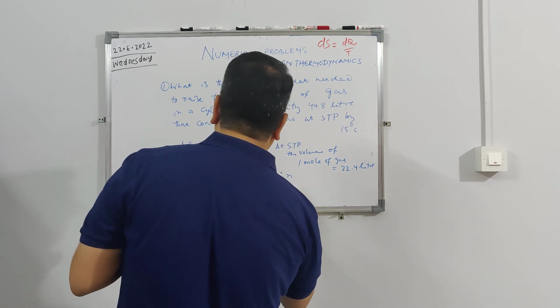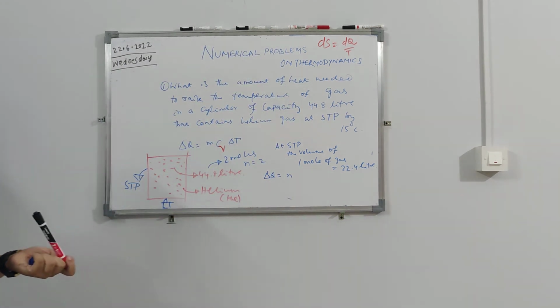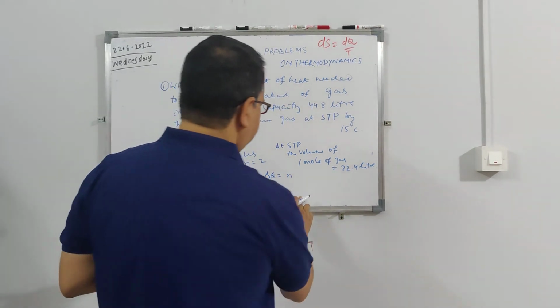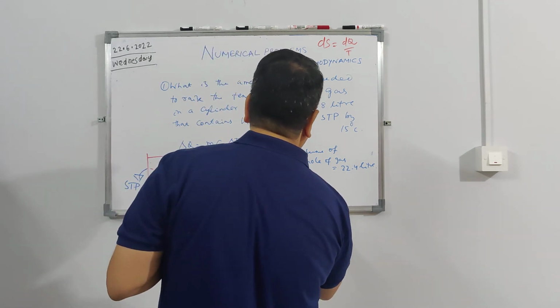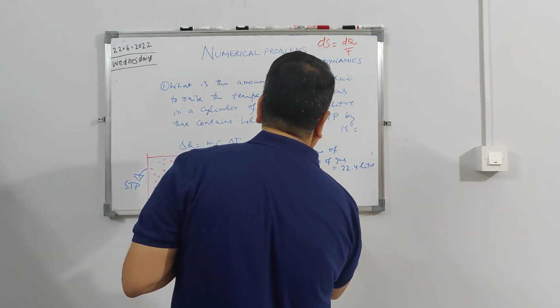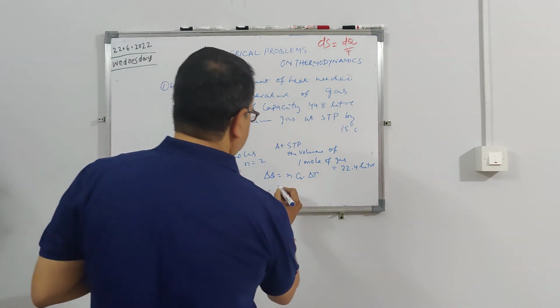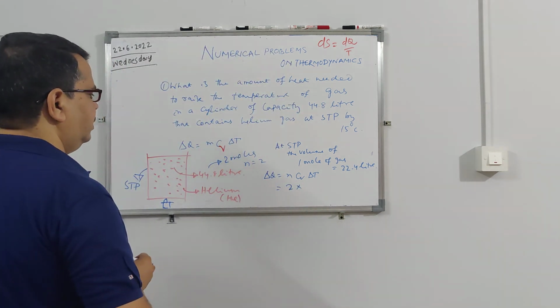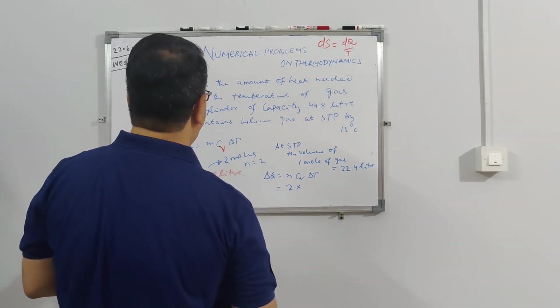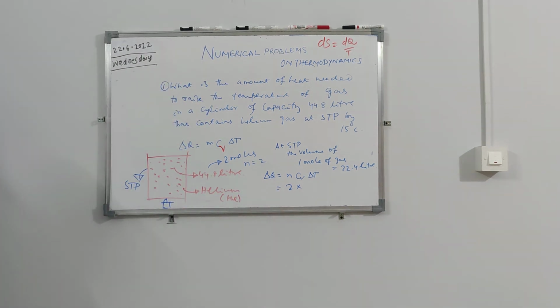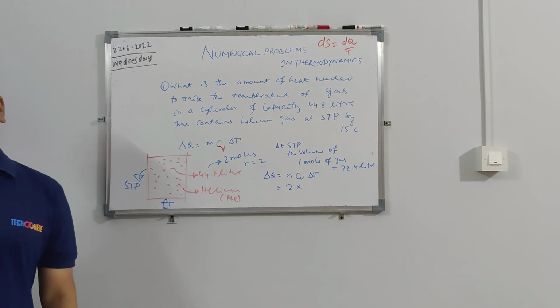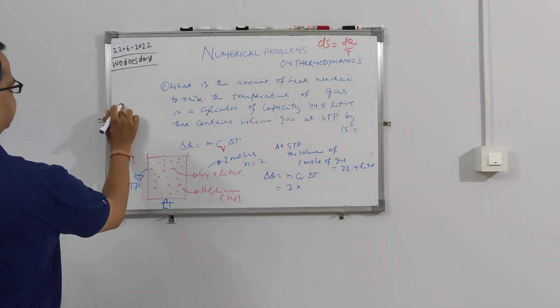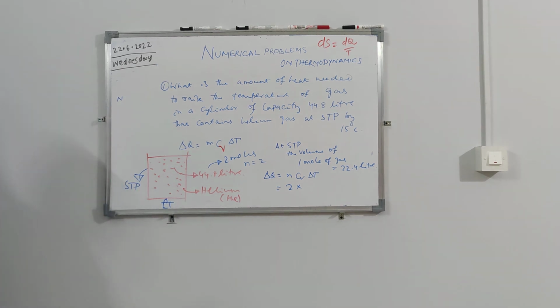will become, instead of mass you can write number of moles also, n Cv into delta T. Okay. So your n is 2 and your Cv for helium, which is a monoatomic gas. See, normally we take nitrogen, normally in the atmosphere it is nitrogen.